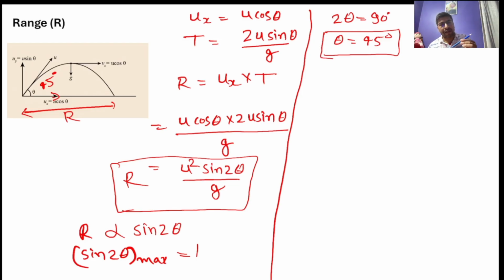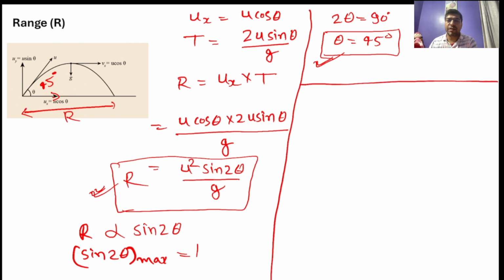When he throws the javelin at an angle of 45 degree. Got it? So that's why I told you some calculations will help you in sports as well. So for maximum range, at what angle do you have to throw the object? 45 degree for maximum range. Any doubt? No doubt.